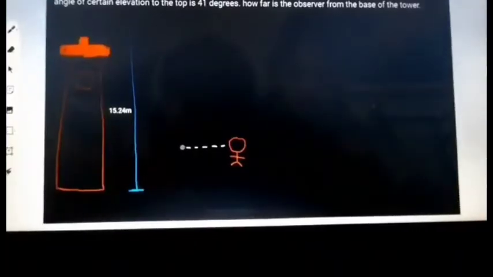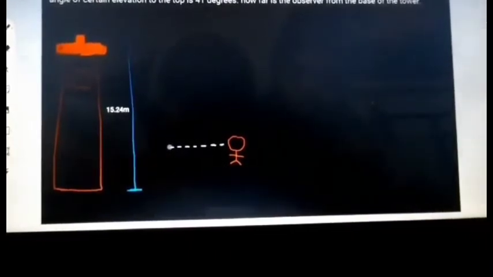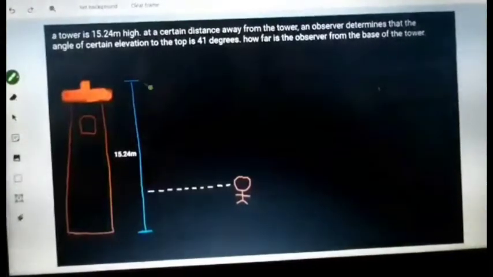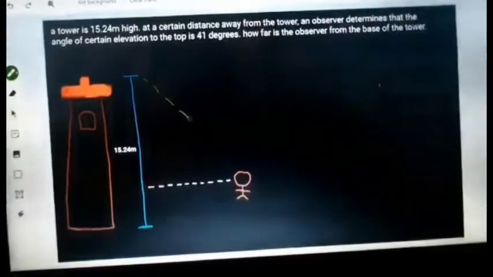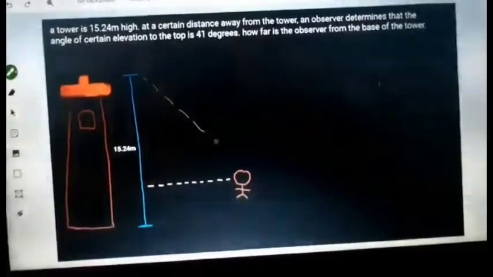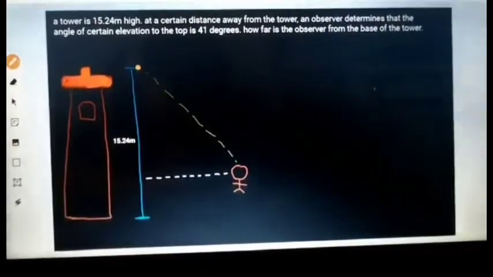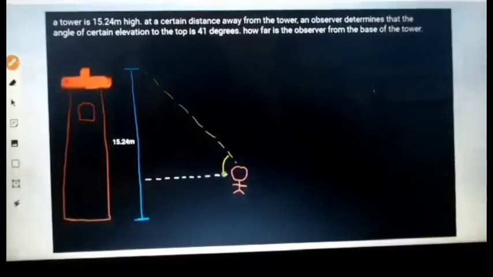You can draw a straight line to represent this line of sight of the observer. Then you're going to create an angle of elevation from the top of the tower. So this is your angle of elevation. Then you label it 41 degrees.